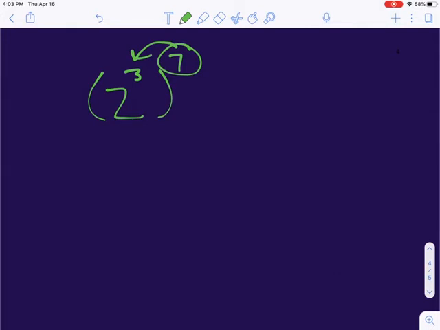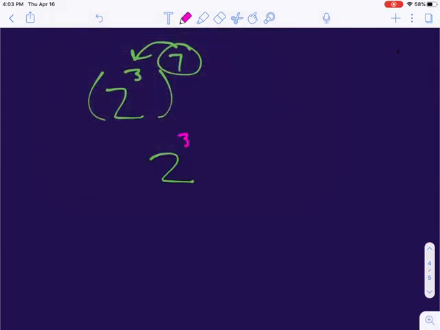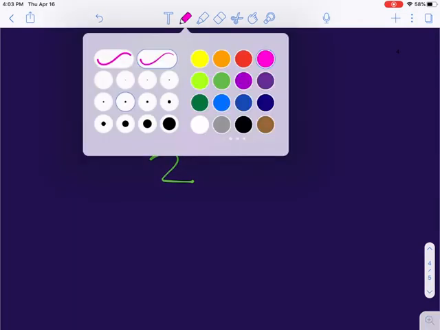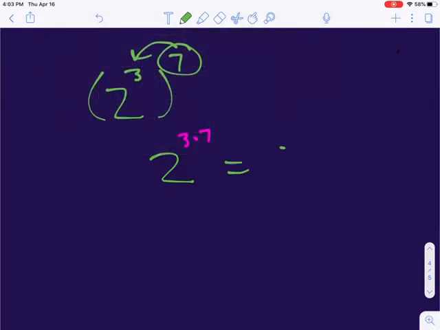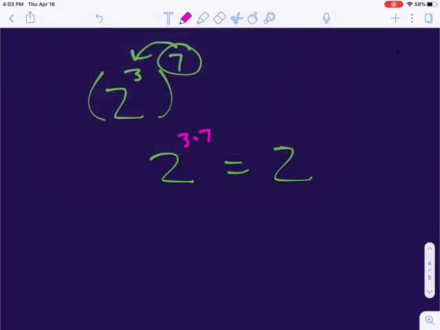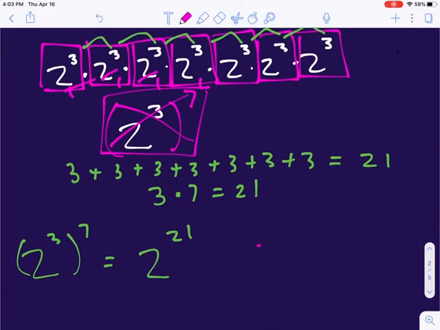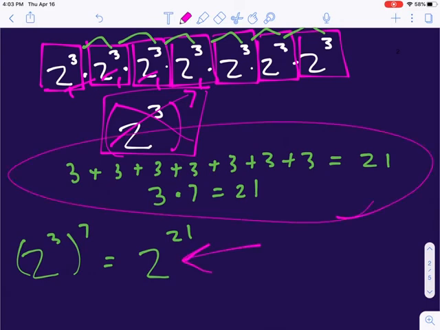So that becomes 2 to the 3 times 7, which gives me, for a final answer, 2 to the 21st power. Which, if we go back, is what we got when we did it this big, long, convoluted way.